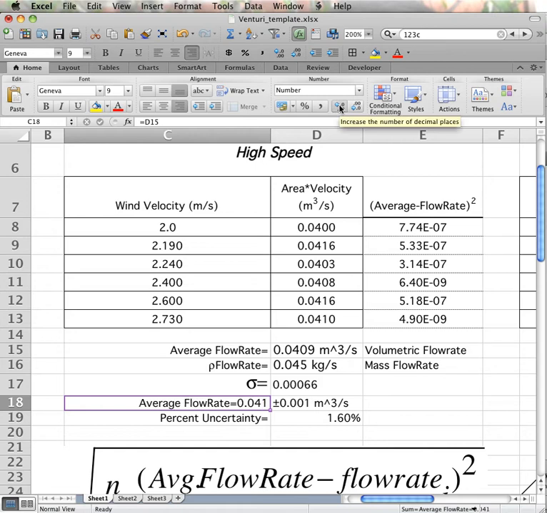So 0.041, that's my average volumetric flow rate, meter cubed per second, plus or minus 0.001. That's our uncertainty, how well we know the average flow rate. And if I take this uncertainty and divide it by the measurement, I'll get a 1.6% uncertainty.